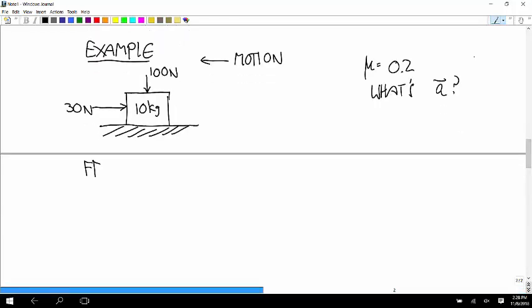Free body diagram. So a downward force of 98.1. You already have this all in your notes, so I'm just going to write it.